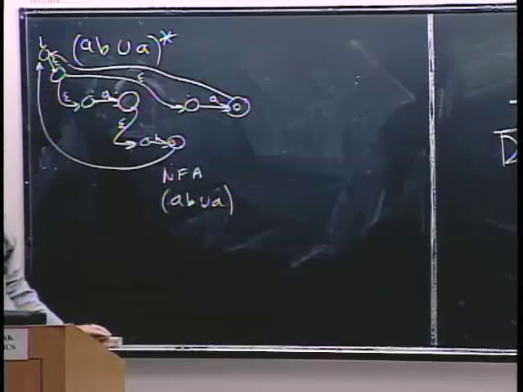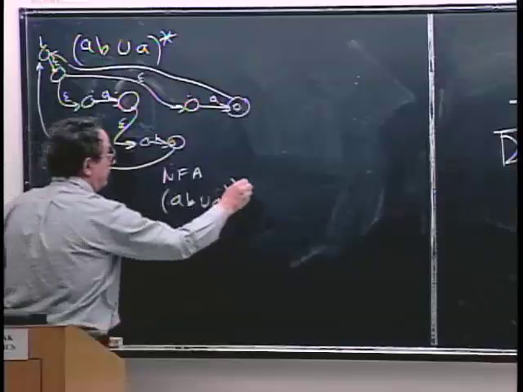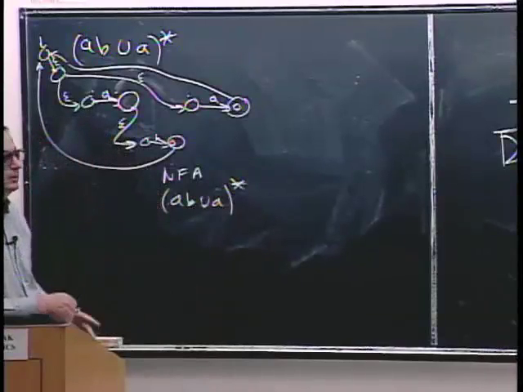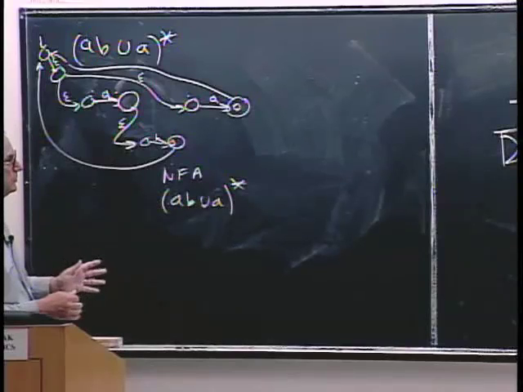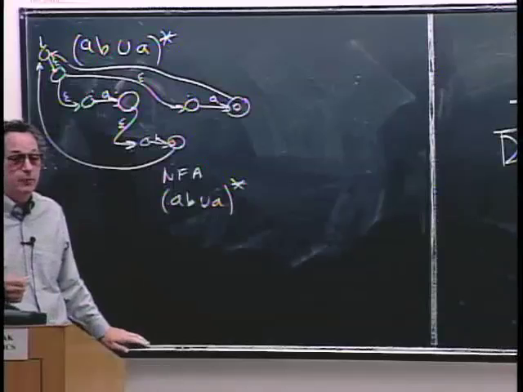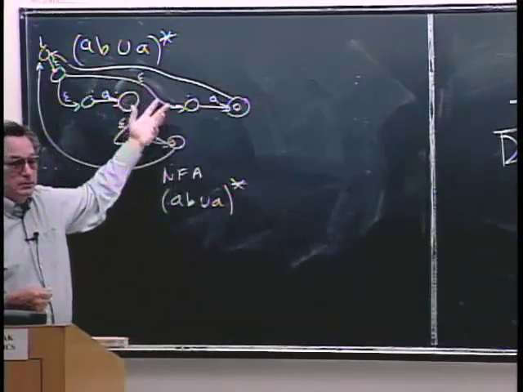But it certainly never hurts to have the extra start state with an epsilon. Why you actually need it, I'll let you convince yourself with some examples. So now we have an NFA for the whole thing. And so I've given you abstractly over there in a formal sense how you go from a regular expression to an NFA, and now I've given you a particular example and done it that way too.